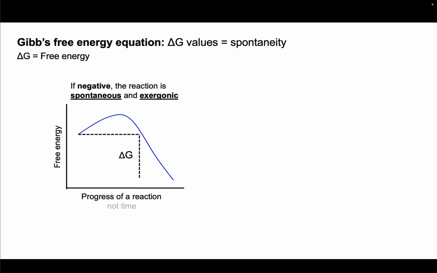Now, here's the part I really want you to pay attention to. These are the delta G values, and these are what determine whether or not a reaction occurs spontaneously. Delta G is the free energy.